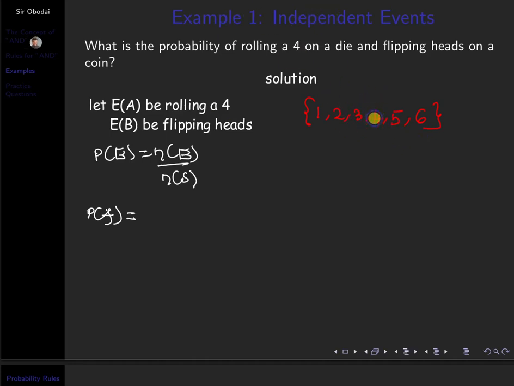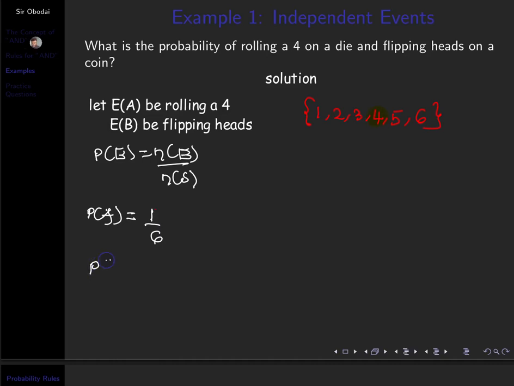Hence, the number of the event we are focusing on is 1. So the probability of rolling a 4 becomes 1 over 6.